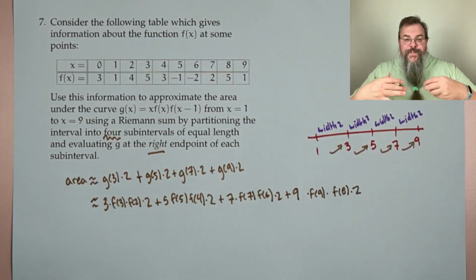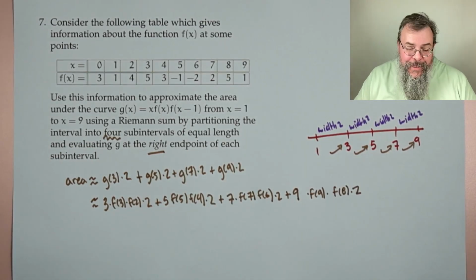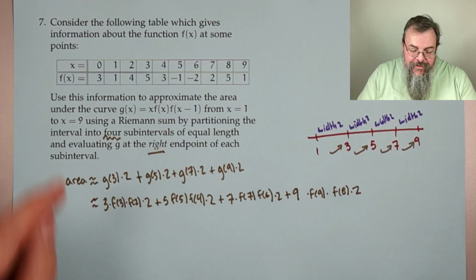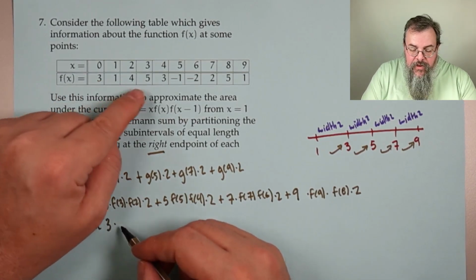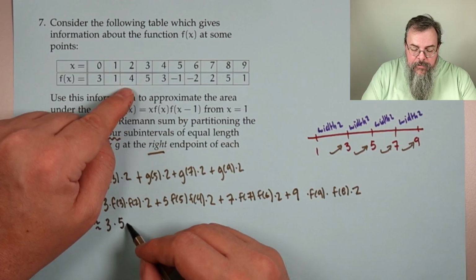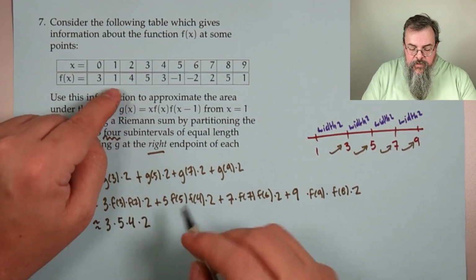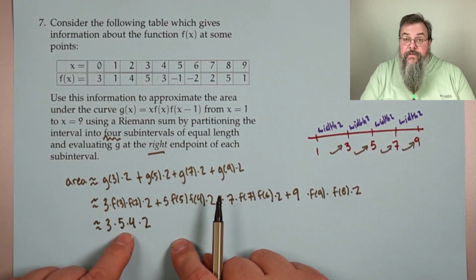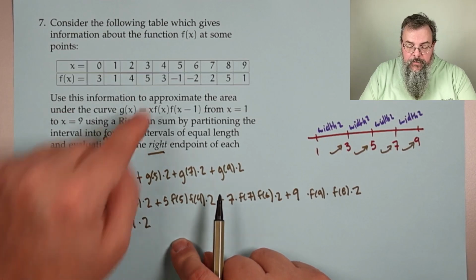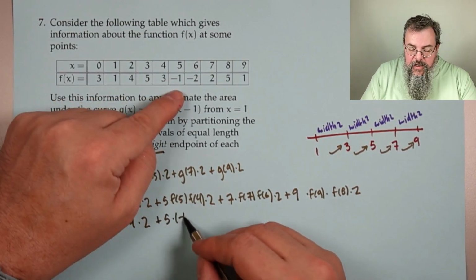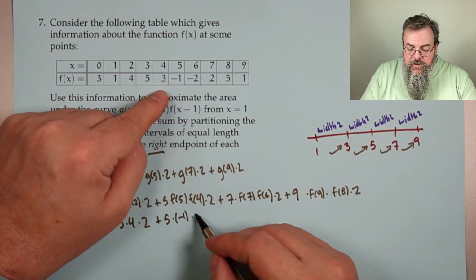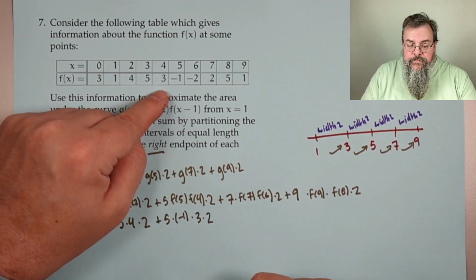Okay, so we're unraveling here. How do we get the f's? From the table. So we get 3 times 5 times 4 times 2. Right? F of 3 is 5, f of 2 is 4. Plus 5 times negative 1 times 3 times 2.